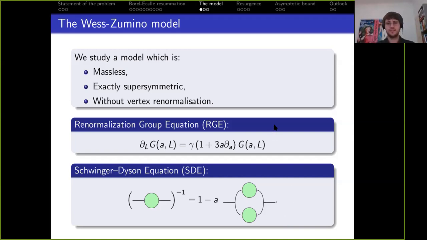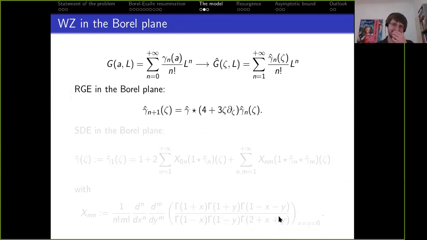Now, at this stage, if you are a mathematician, you may forget completely the physical model you come from. That's also why I'm not writing the action of this model. Just try to analyze those equations. Of course, it's always good to keep in mind that there is physics behind those mathematics, but let's a bit naively go for it and map everything to the Borel plane and see what happens.